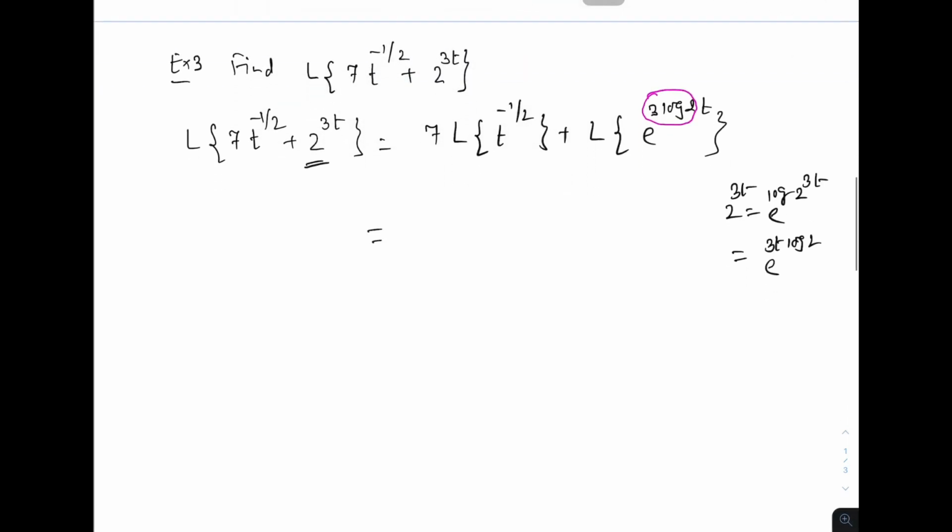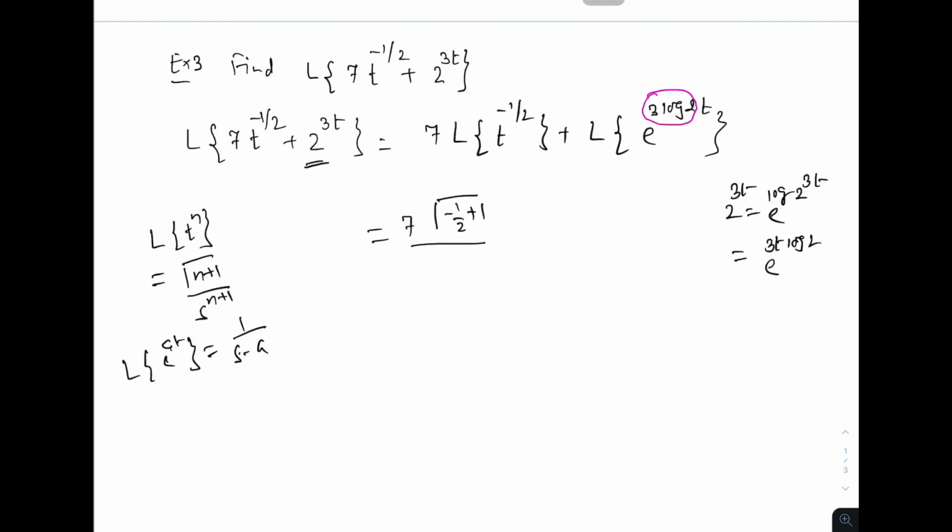Now this formula we know, Laplace transformation of t power n is equal to gamma n plus 1 over s power n plus 1, and Laplace transformation of e power at equals 1 over s minus a. So this is 7 gamma of minus half plus 1 over s power minus half plus 1, plus 1 over s minus 3 log 2.